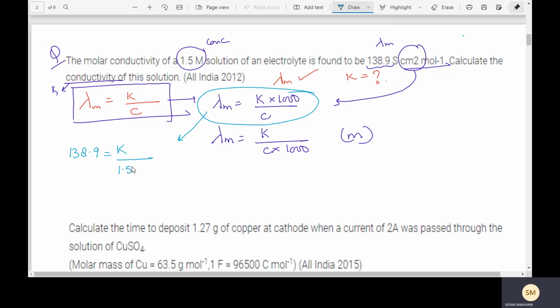Concentration in molarity is 1.5 and a 1000 is to be put on top. Please, after you find the value, as you can see, you will easily be able to get the value of conductivity, and do not forget to write the units for conductivity in this particular question, otherwise you would end up in a problem. Is that okay? Moving to the next question.